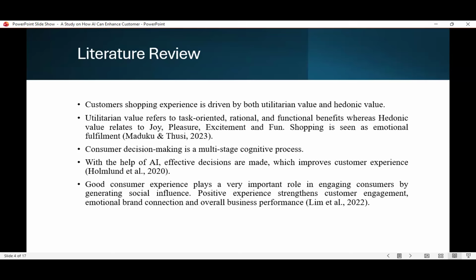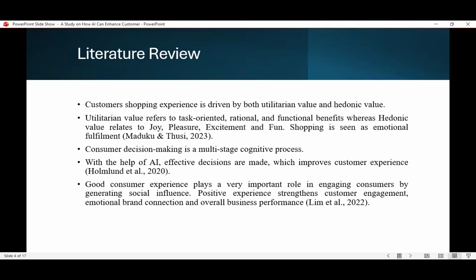So both values are important while customers are making decisions. And the decision making process is not a very easy thing. It's a multi-stage cognitive process, and not only cognitive, but psychological sentiment is also involved while we are purchasing. There are different stages.